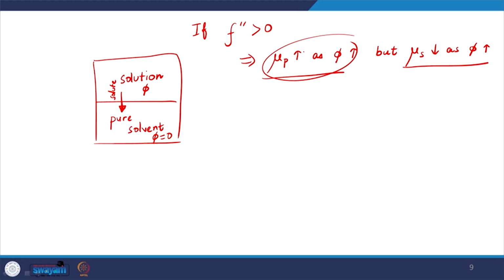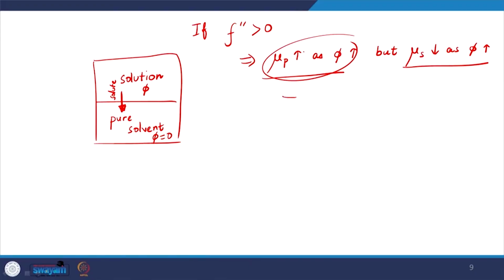So a motion of solute from the solution phase to the solvent phase is favored both by the chemical potential of solute, because that lowers it, and by the chemical potential of solvent, because an increase in phi lowers it, and therefore we have a tendency of mixing.